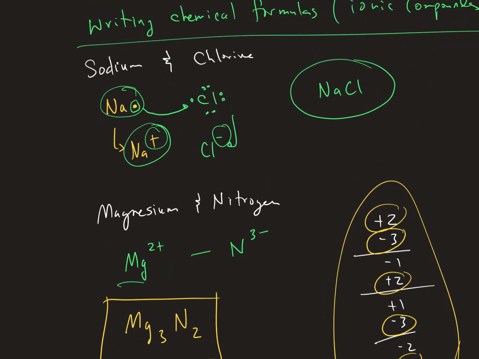And what's this called? Sodium chloride. Pretty straightforward. Now, when we get to covalent compounds, we do the same thing. We just add something. The first element is the element name. Second element is change the ending to IDE. Done. We do the exact same thing. We just add prefixes. We'll get there. Okay?